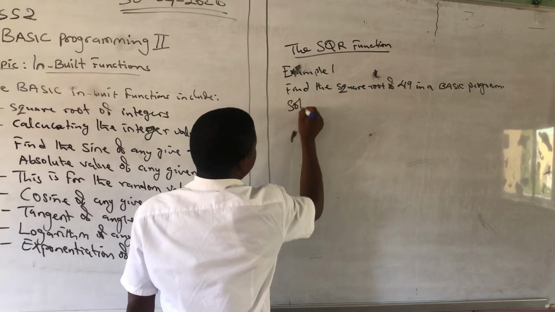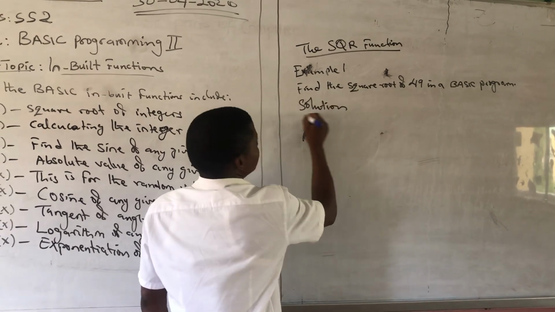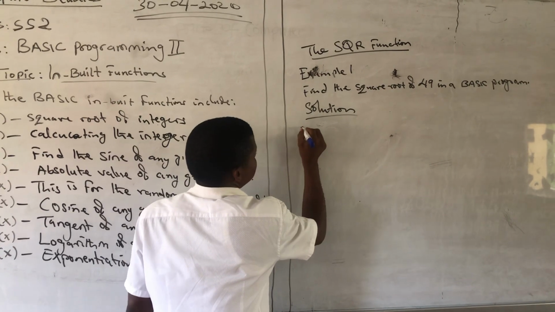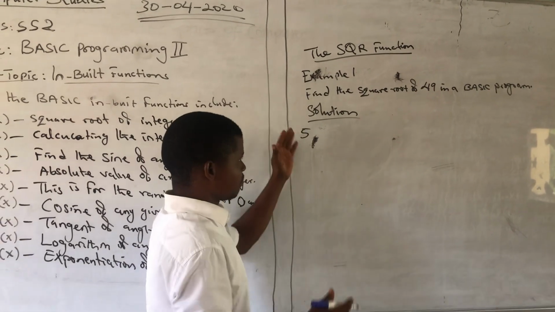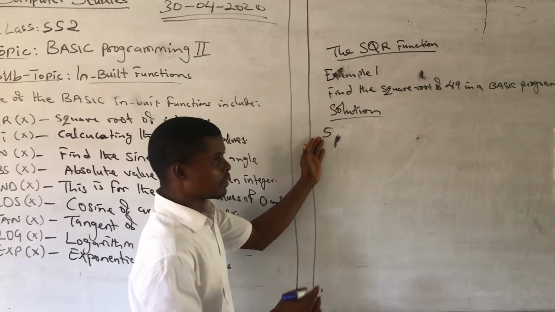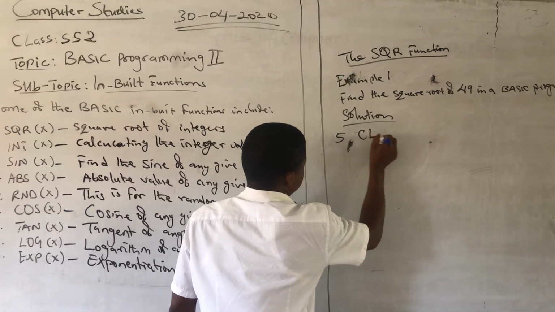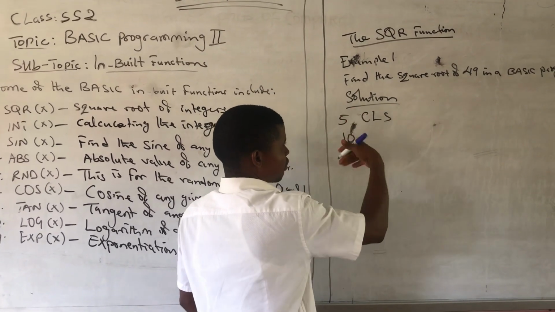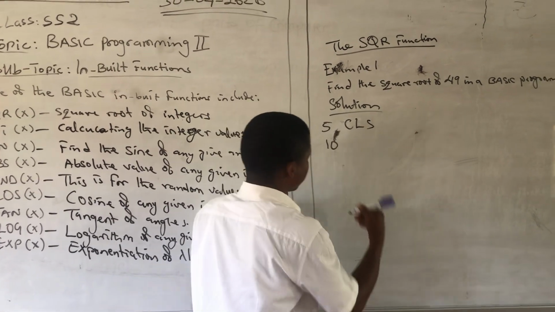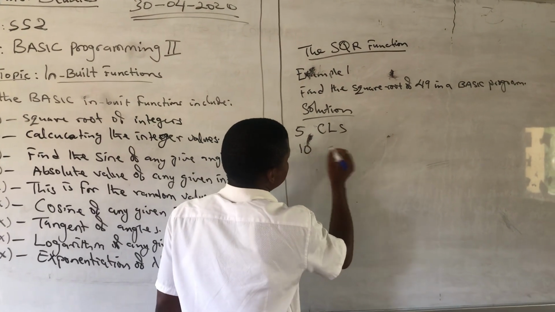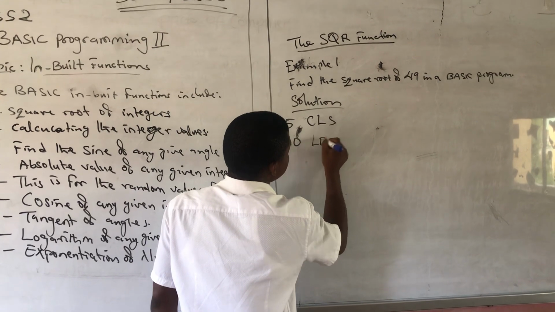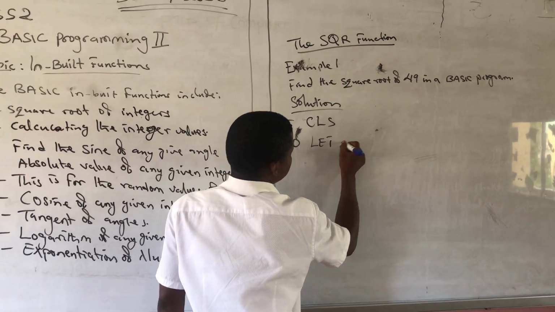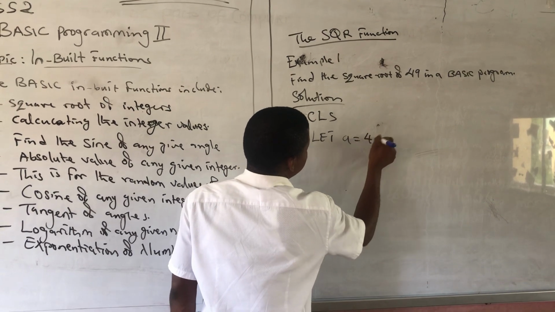So we're going to implement this in the BASIC program. So solution to that, we're going to write a program this way, just few lines. You already know that every BASIC program must start with a line number followed by the keyword CLS. And then we have line number 10. Since we started from 5, it will continue to increase by 5. We assign the value to 49. We say LET A = 49.